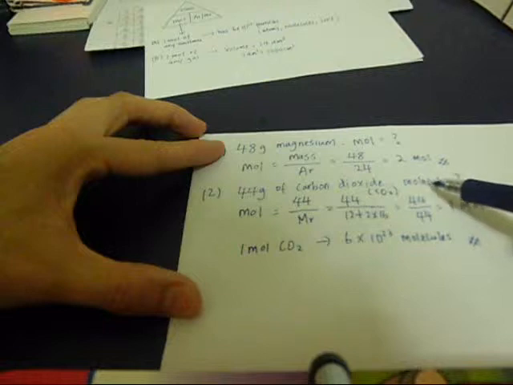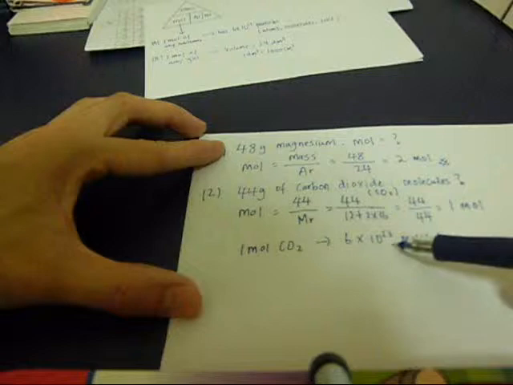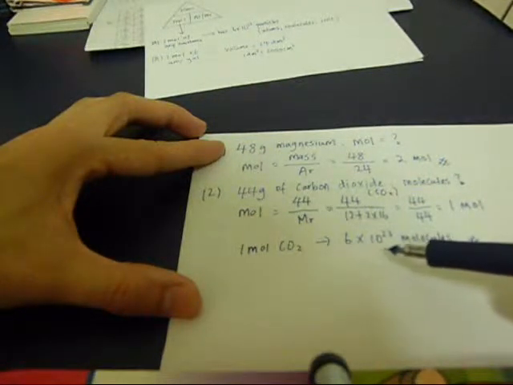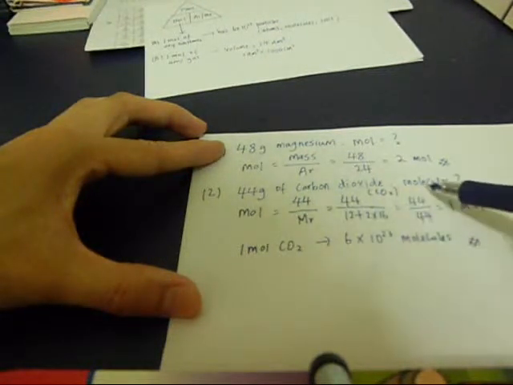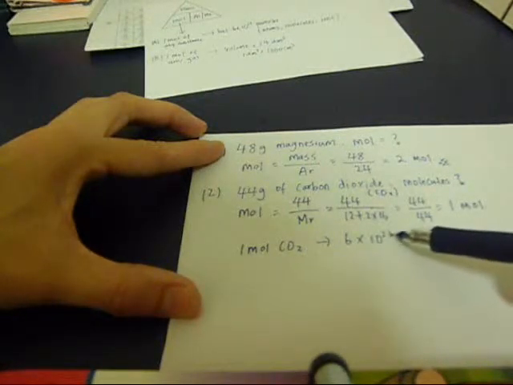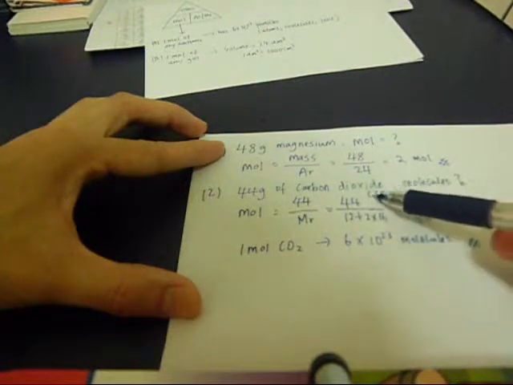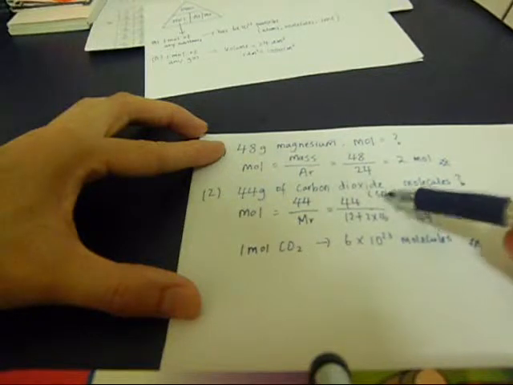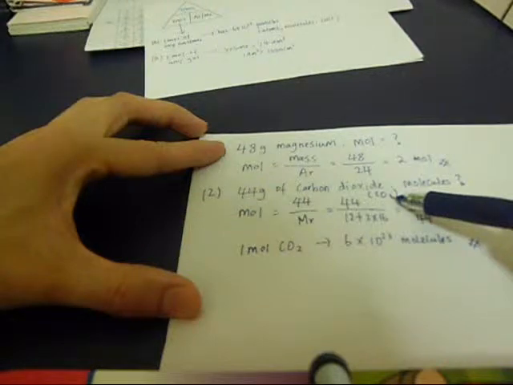So if the question asks you for atoms, you have to take this number, 6 times 10 to the power of 23, times 3, which is 1.8 times 10 to the power of 24. I repeat, because each CO2 molecule has 3 atoms, 1 carbon atom and 2 oxygen atoms.